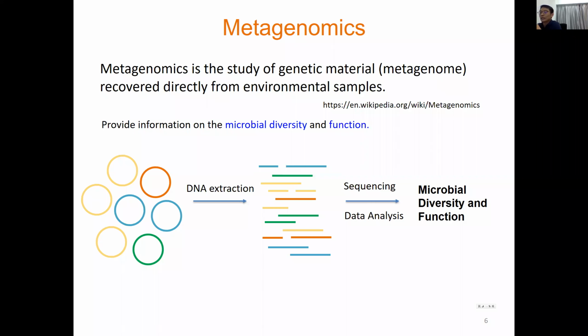We just need to extract DNA of the sample and do the sequencing. And after that, we need to do some data analysis. Then we get the microbial diversity and the function information from the sample.